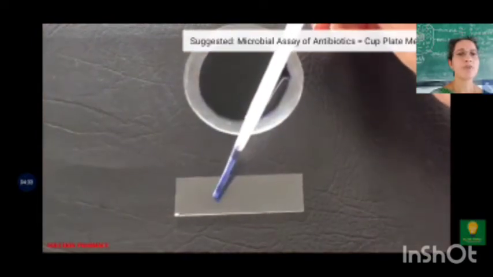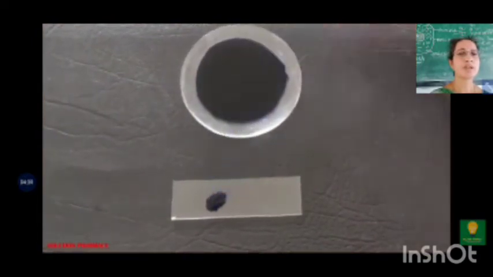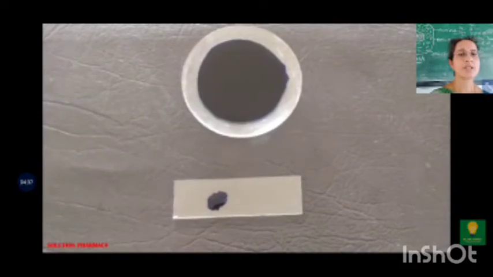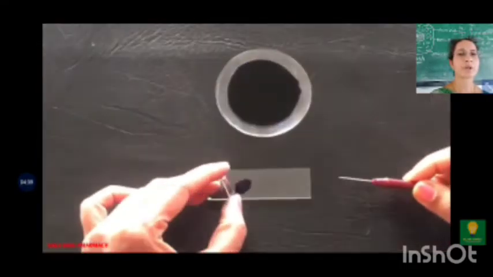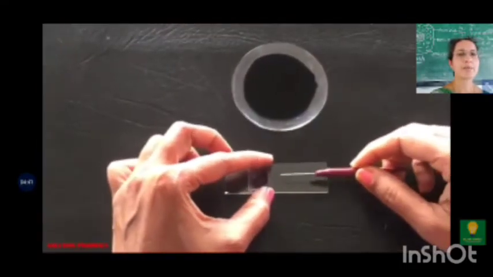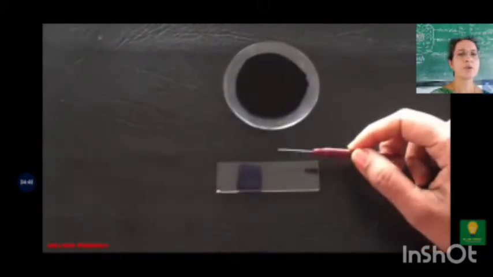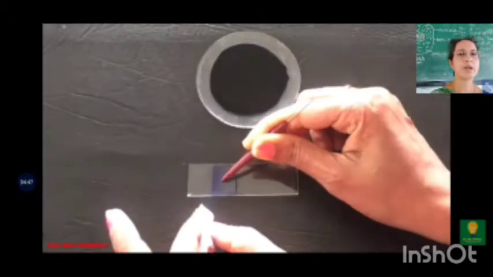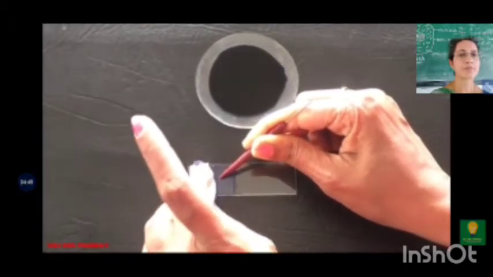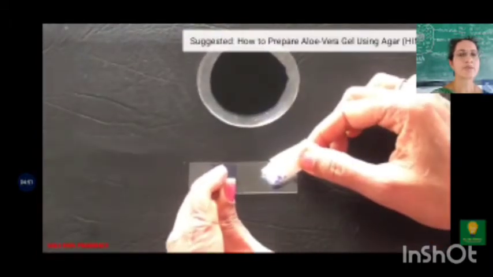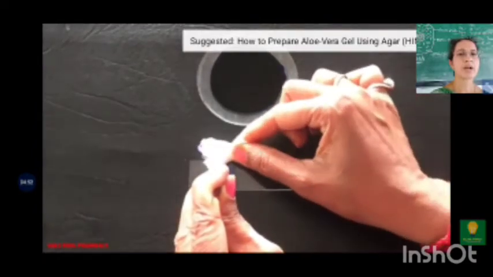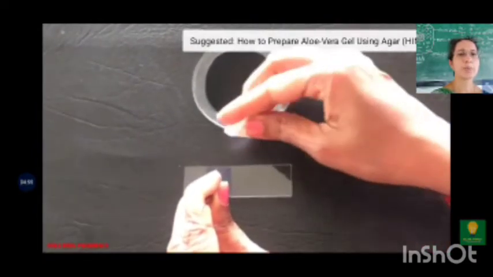Place a drop of diluted methylene blue solution and place a cover slip over that. Care should be taken that no air bubbles enter under the cover slip. Remove the excess stain coming out of the cover slip with the help of tissue paper.